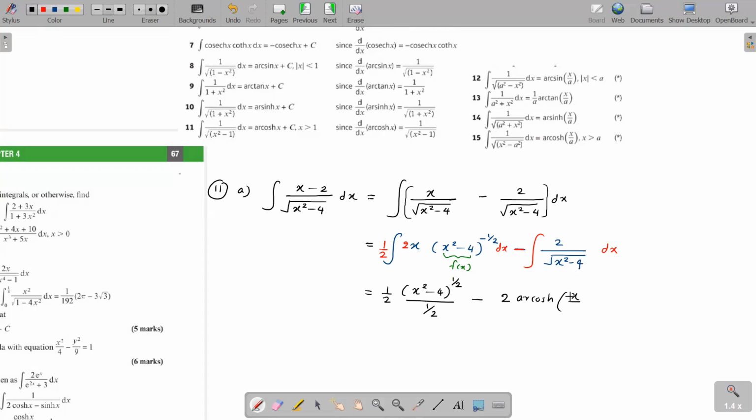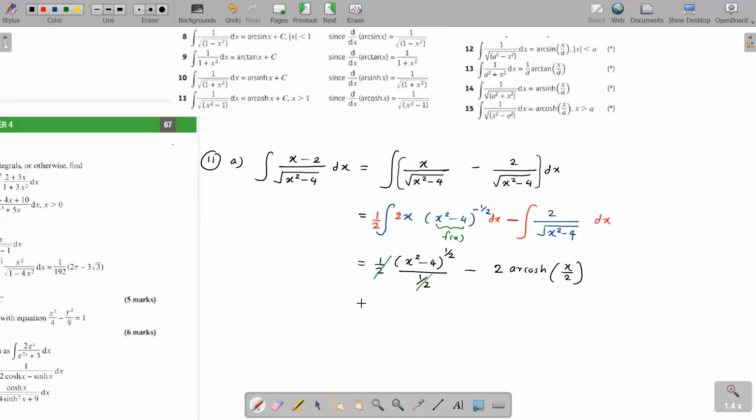A square is 4, so a is 2. Are you okay with it? So here the half and half can cancel. We get x square minus 4 to the power half, minus 2 times arc cos x over 2, plus c. So this is the answer for the 11th question.